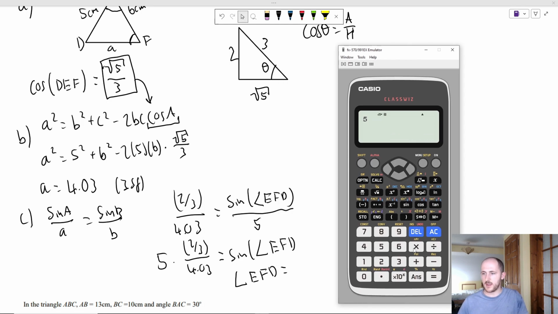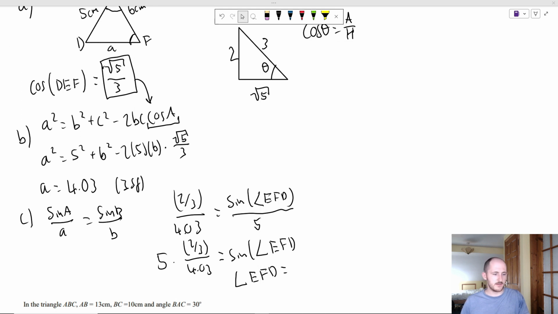So we have 5 multiplied by, open bracket, open the fraction, then bracket, then open another fraction, 2 over 3 over 4.03. And then we're going to do inverse sine, because we want to get rid of the sine on that side. Answer button, 55.8 degrees.